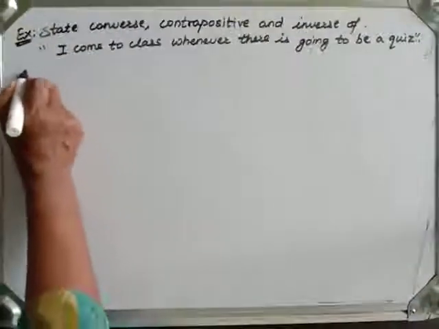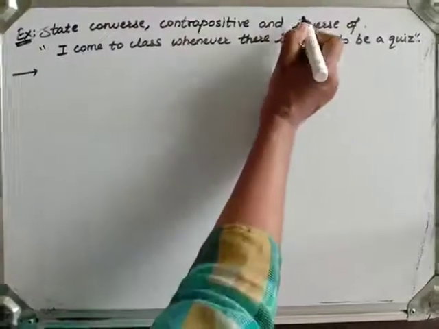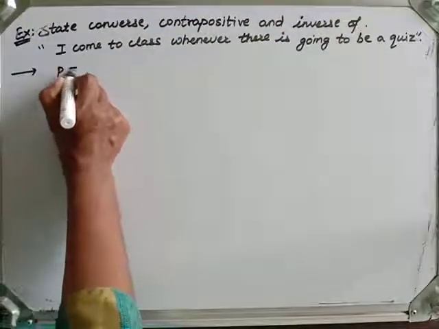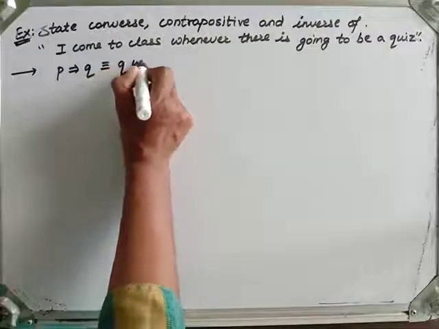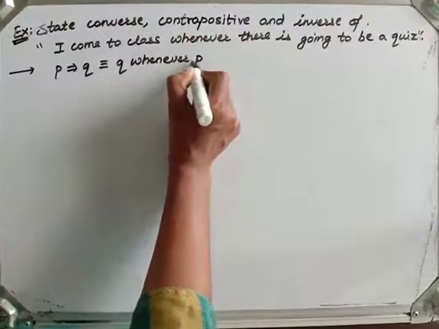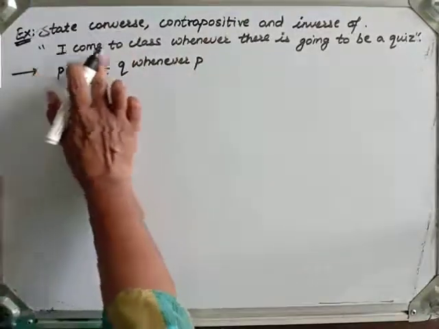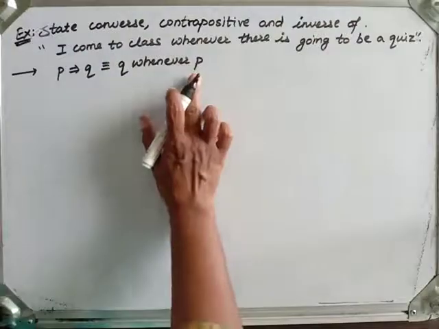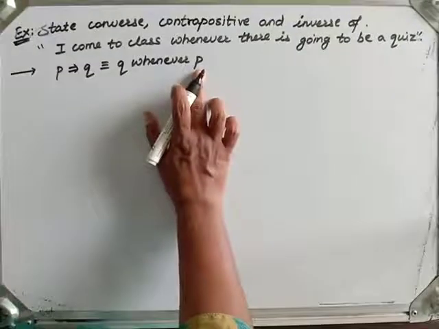So here we have to state its converse, contrapositive and inverse. First of all, let us see what the statement is. You know, this P implies Q can be written as Q whenever P. So the part before whenever is nothing but I come to class. Means this is our consequence. And after whenever, there is going to be a quiz. Means this is our premise.